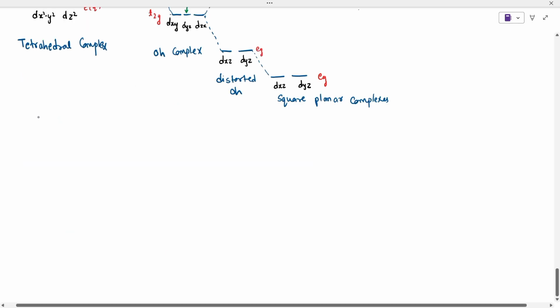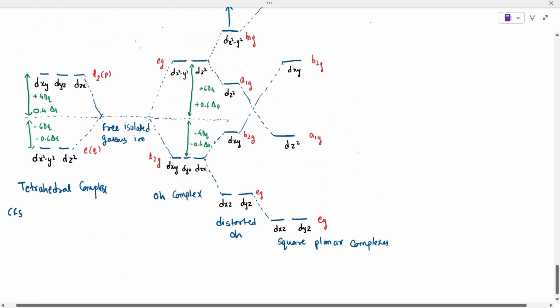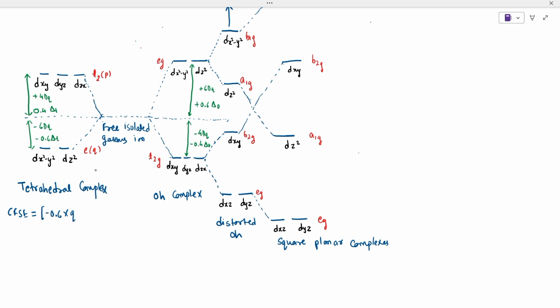Next, we have some relations for calculating CFSE. CFSE for tetrahedral complexes has the formula minus 0.6 Q plus 0.4 P into delta T plus m of P. Here Q is the number of electrons present in the E orbital, means in dx square minus y square and dz square.